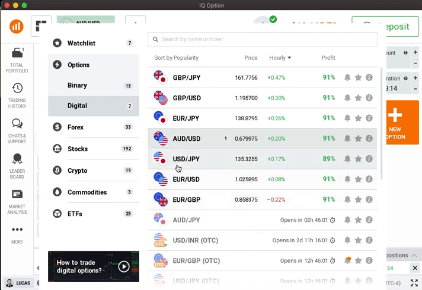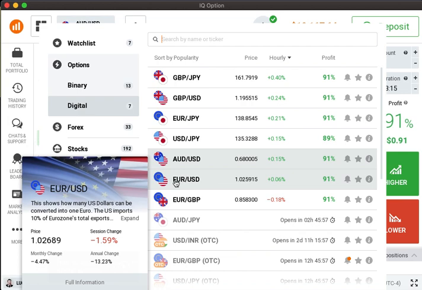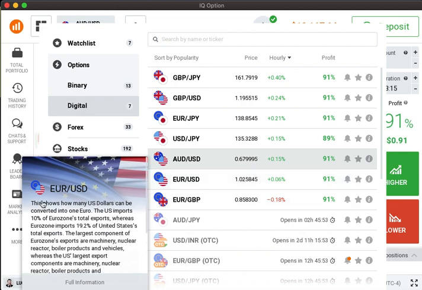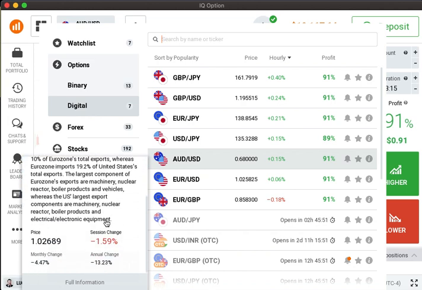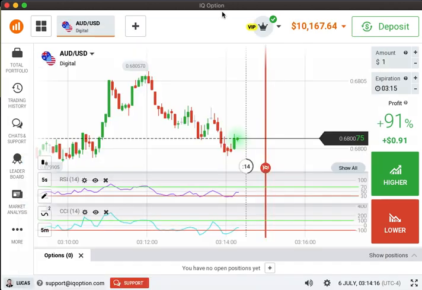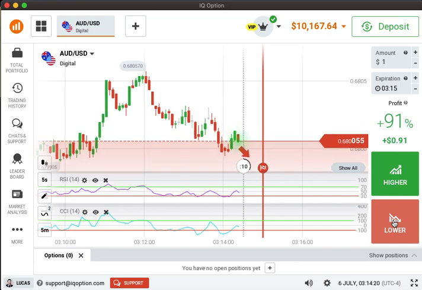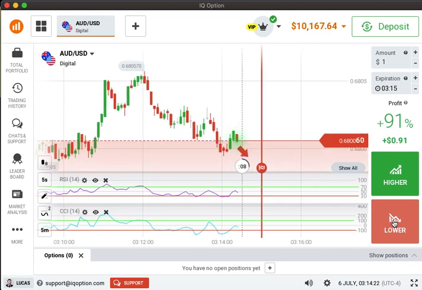And this is just modern day trade with the European exports and stuff, because if you could read here, it shows how many US dollars can be converted into 1 euro. If you put your money into the markets, I'll explain it to you after we make this trade. We'll go back and we'll explain it.